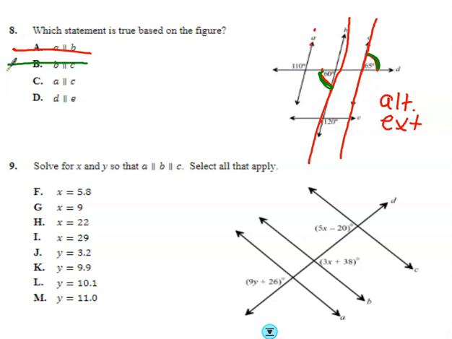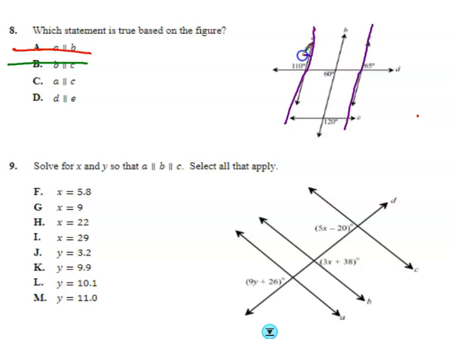The next one, A and C. Okay, so pretend that the middle line is not there. Okay, so I have line A and line C at 110 and 65. So what you could do is 110 should be over here. You could put it over there because these two angles are congruent.